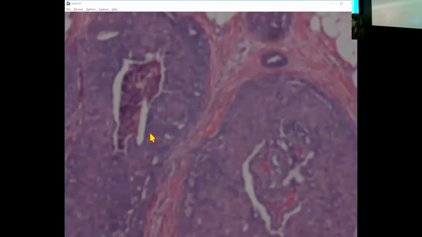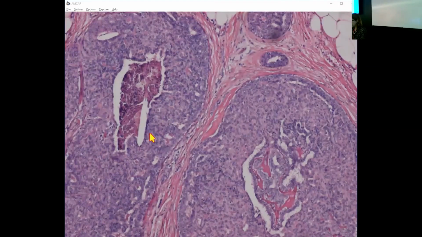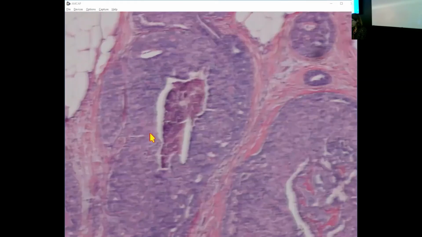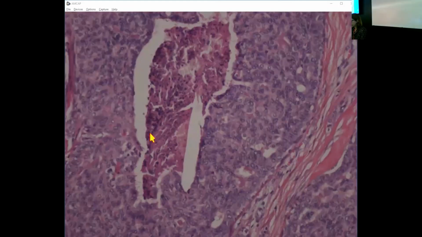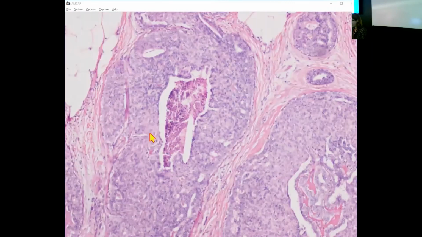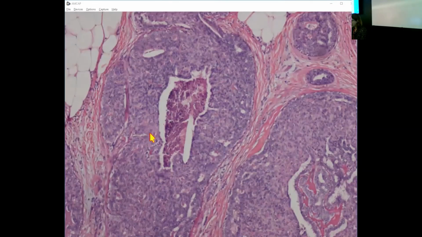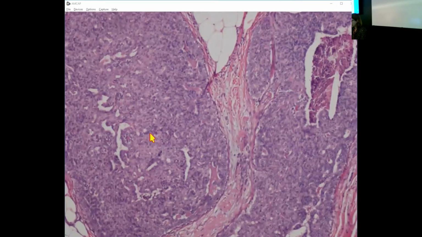So this is the necrosis we were talking about earlier. And it looks a little different than the necrosis you have in DCIS. Not perfectly different. I think you could certainly have this necrosis in DCIS, but there's some difference in the quality that is a little bit striking to me.